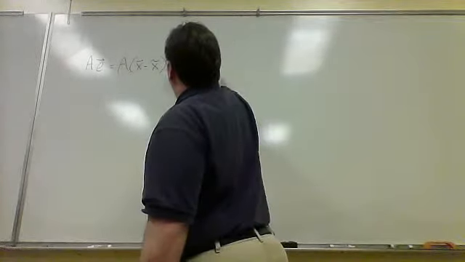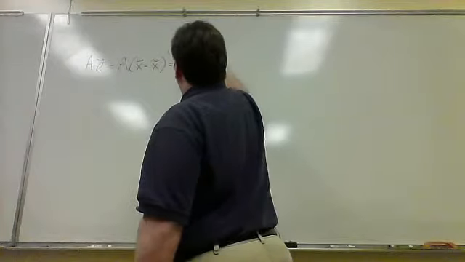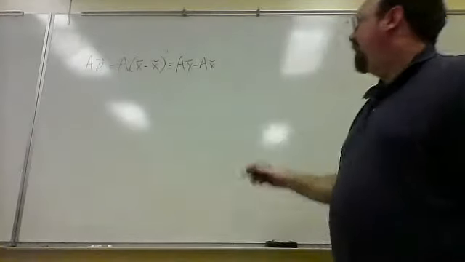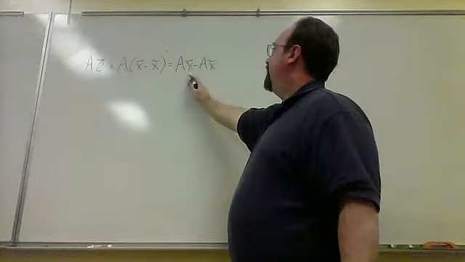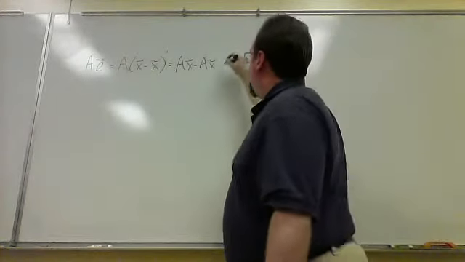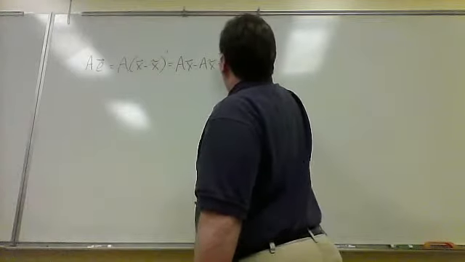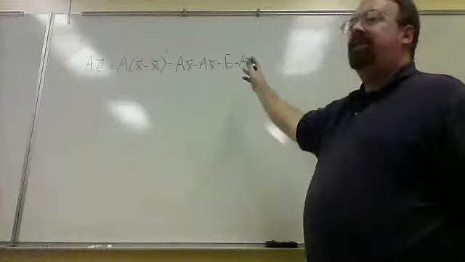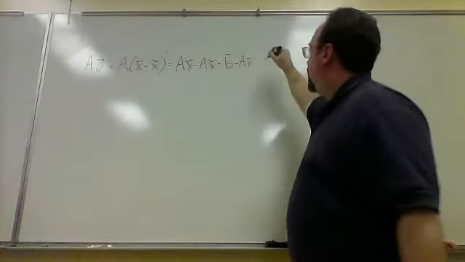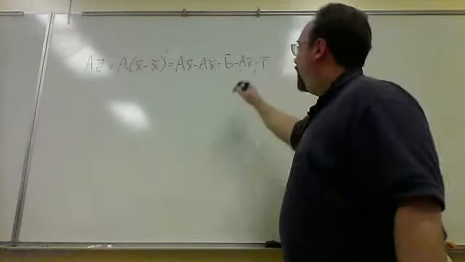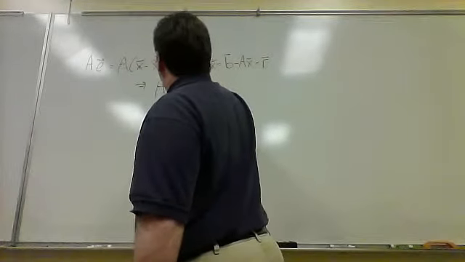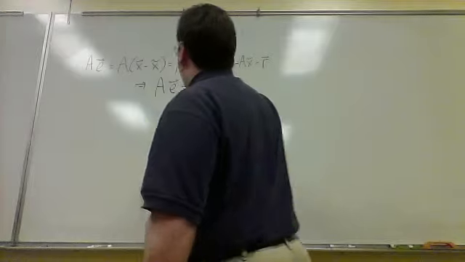Now distribute, so that's A times the exact X minus A times the computed X. Since this is the exact solution, A times X is equal to B, minus A X tilde, but that is my residual. So if I summarize this, A times the error equals the residual.